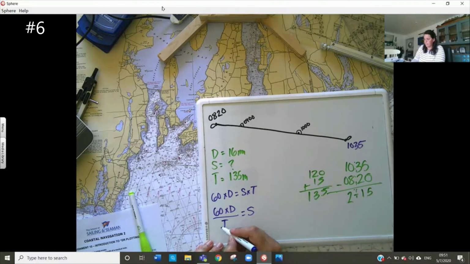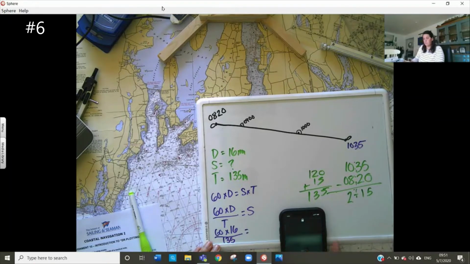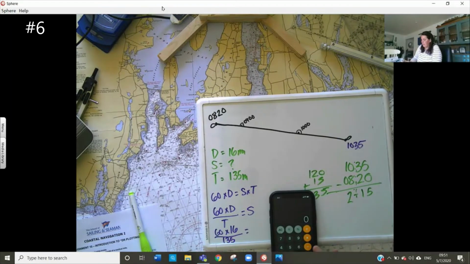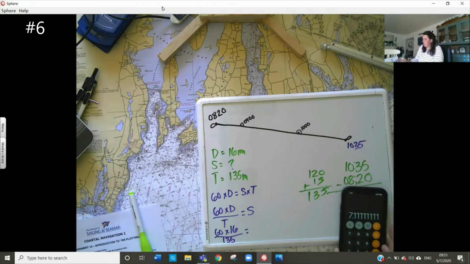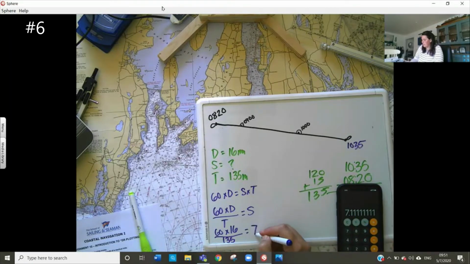I could plug in my numbers to say 60 times 16 divided by 135 gives me a speed of 7.1 knots.